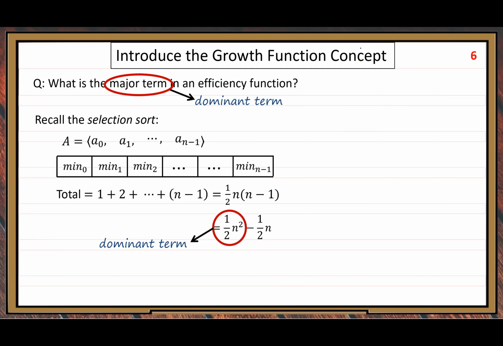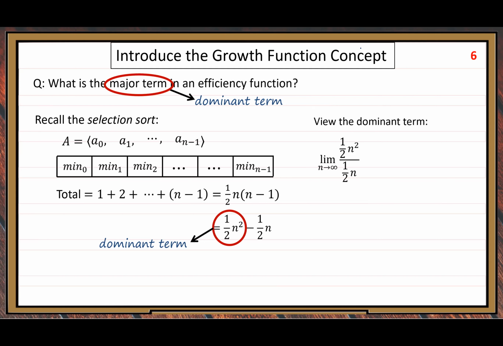It's not important when we look at the ratio. If we double the size, the constant is gone. So when we consider the growth function, we can simplify this dominant term another step. Ignore the constant 1/2 and only keep the n squared, because that's the most important one. That's our growth function. The growth function definition is that.